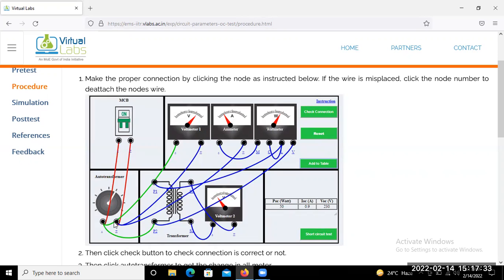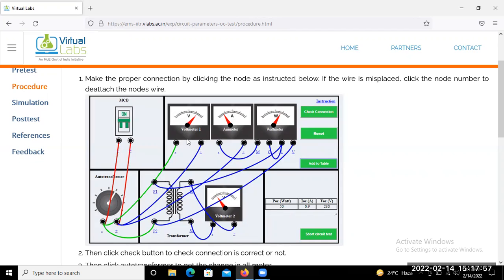And from this point we connect one voltmeter for the measurement of voltage. Okay, so just connect this voltmeter in parallel with the supply. That means the positive of the auto transformer is connected to the positive of the voltmeter, and the negative of the auto transformer is connected to the negative of this voltmeter.